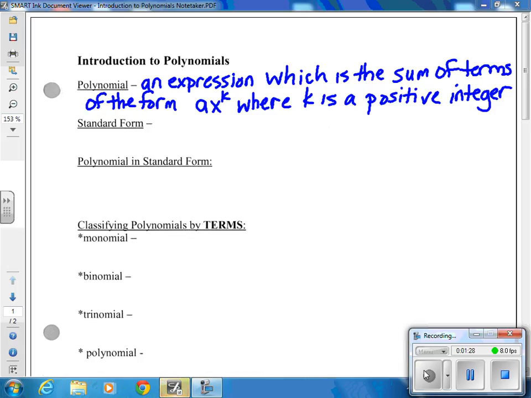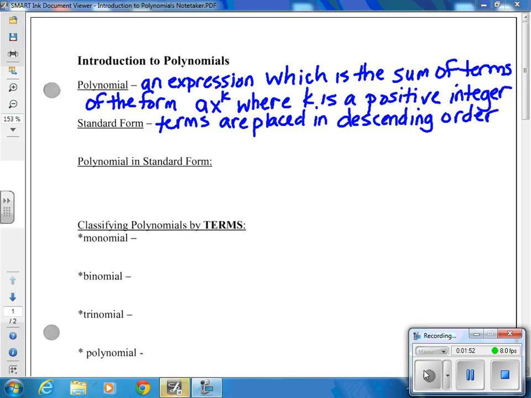With polynomials, you have a standard form, and it must be in the correct format and done the correct way, or it is considered incorrect. Right. So standard form for these guys are where the terms are placed in descending order from largest degree to smallest degree.